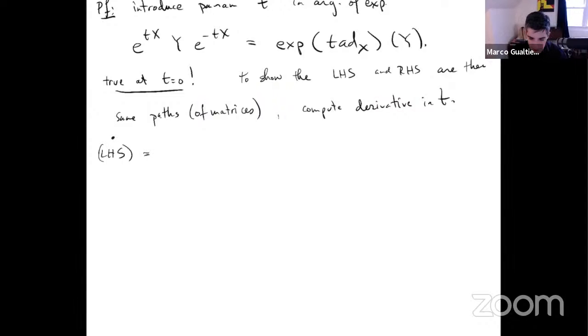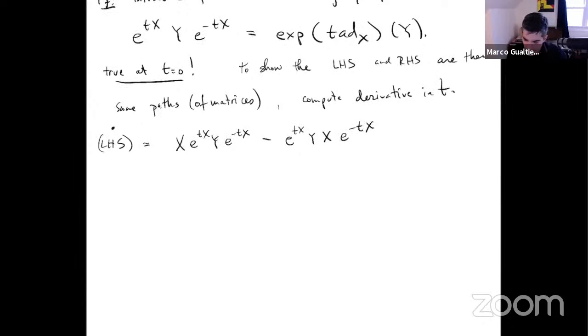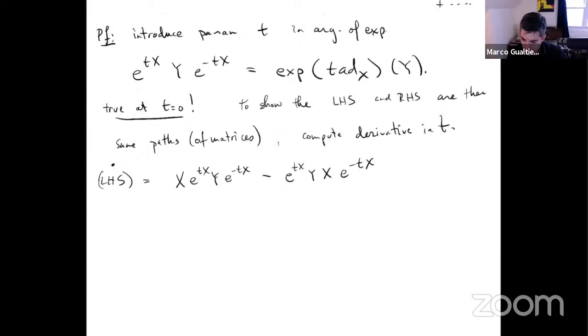Well, you'll take down an x, and then there's going to be a second term, which will be e to the tx y x e to the minus tx. Is that okay so far? I hope I didn't make a mistake. There's two occurrences of t, so there's two terms.